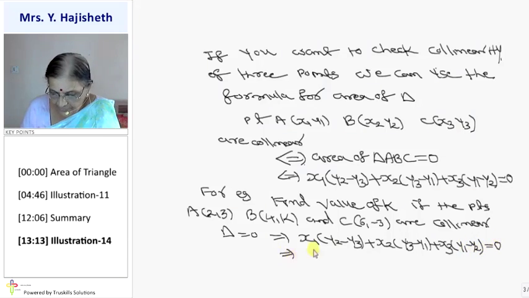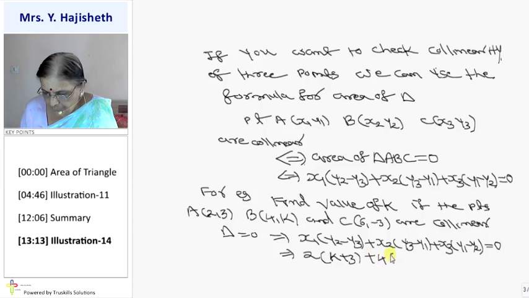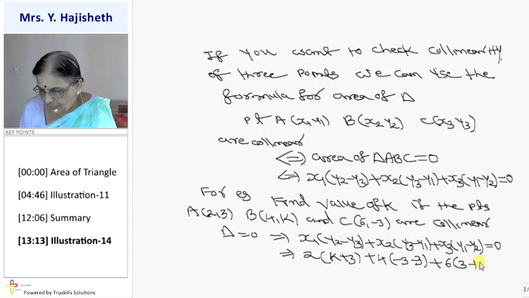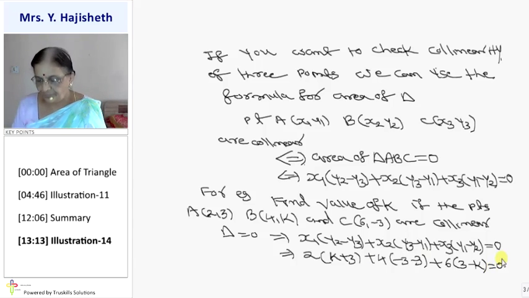Put the value of this. It is 2 into (k plus 3) plus 4 into (minus 3 minus 3) plus 6 into (3 minus k). You put value of y1 and y2. y1 is 3 and y2 is k.